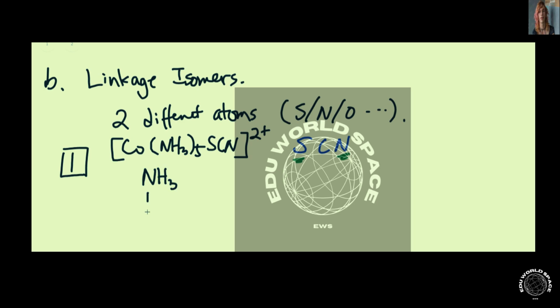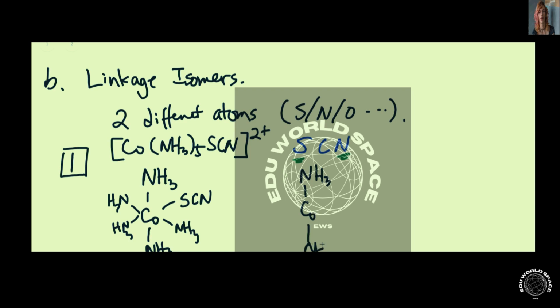NH3, Co, NH3, NH3, NH3, NH3, SCN, whereas the isomer will be Co, NH3, NH3, NH3, NH3, NCS.